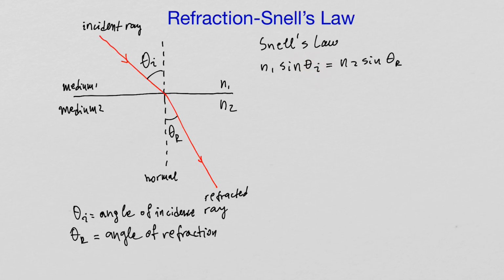So you must set your calculators to calculate in degrees. And given 3 of those 4 quantities, you can calculate the 4th one. So Snell's law allows us to calculate either the angle of incidence or the angle of refraction, or either of the two indices of refraction, as long as we know the other 3.